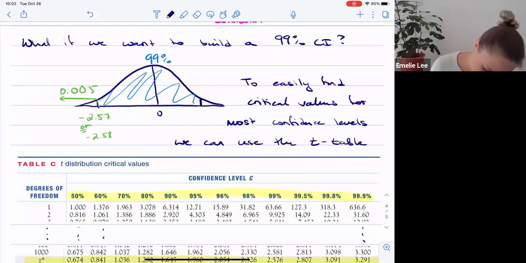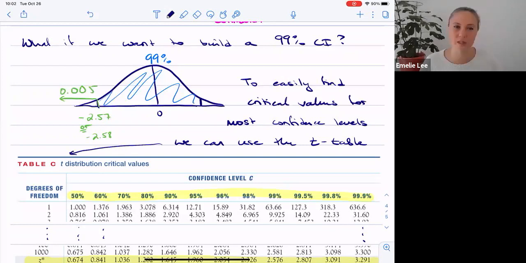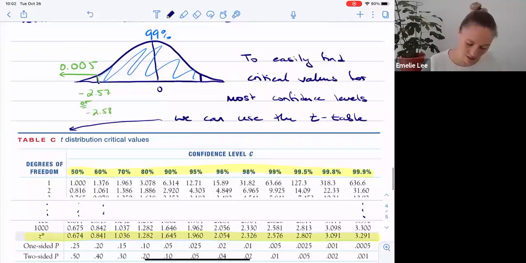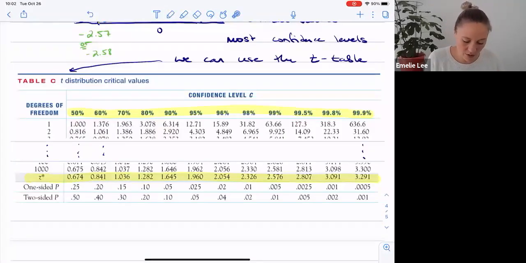Here the T table is table C. That's what it's called in this set of tables. Everyone has their own naming conventions, but for now we're ignoring everything in the middle because that's from the T distribution, but the T distribution approaches a Z distribution, so that's why we have Z.